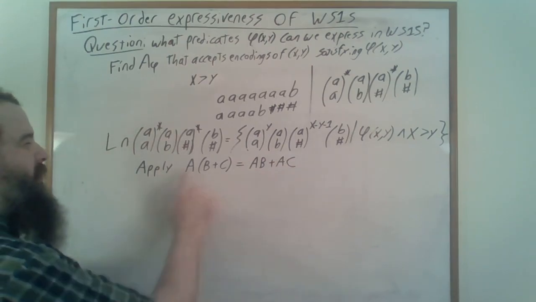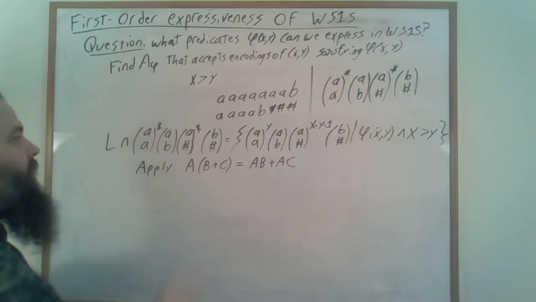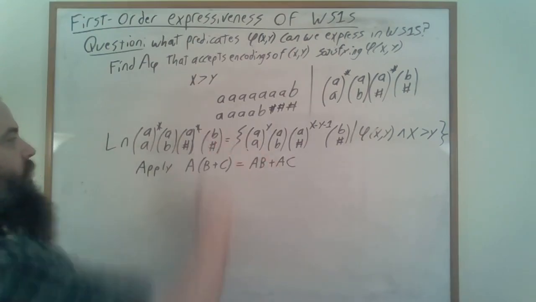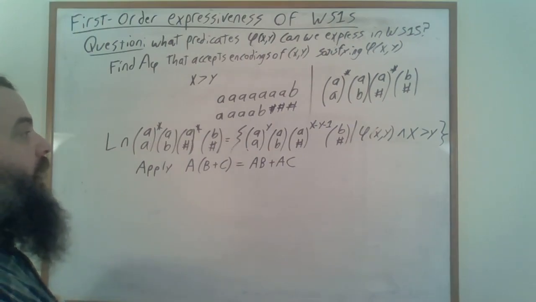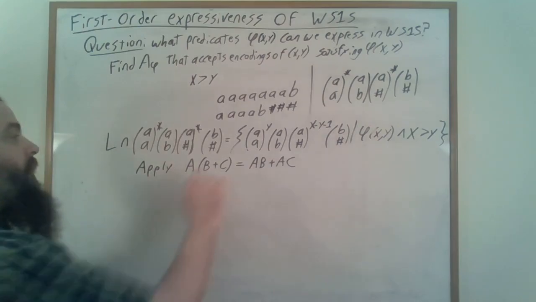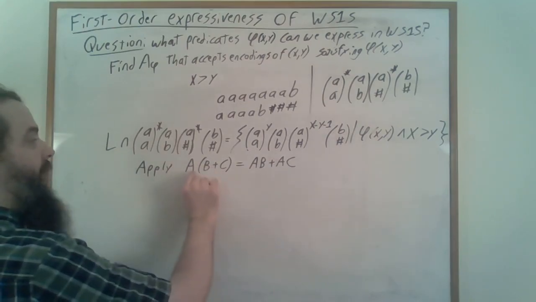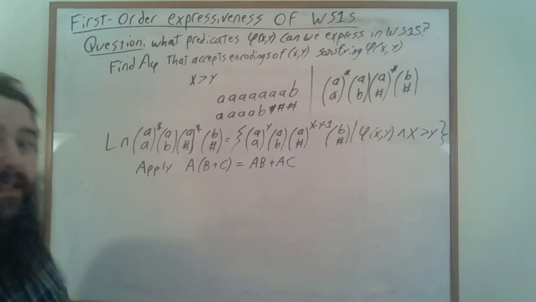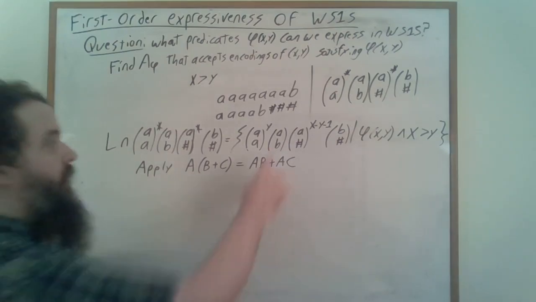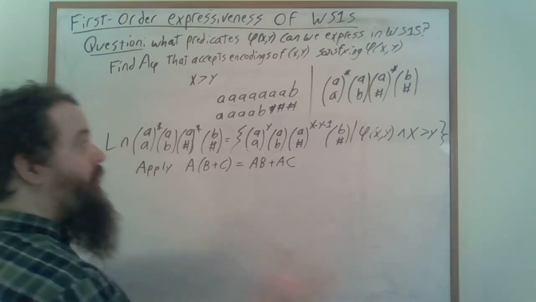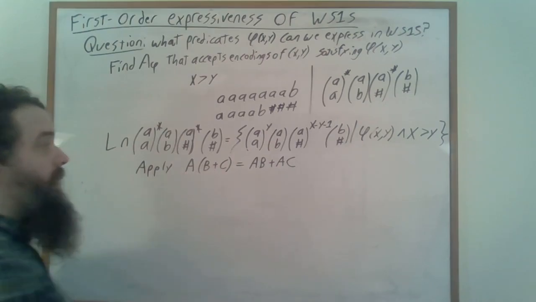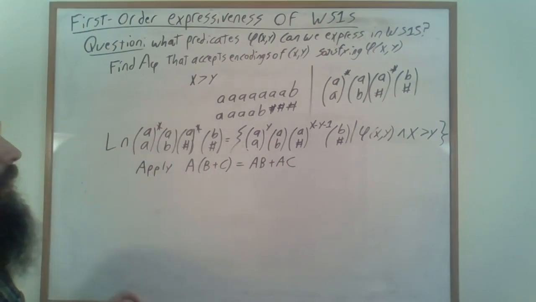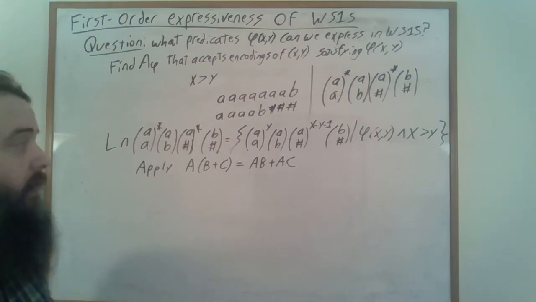It's slightly nicer because this looks like distributivity. If you apply this and you apply right distributivity, you can wind up getting a regular expression that doesn't have any unions directly inside concatenations. And so if we take these two conditions, these two characters can't appear inside any Kleene stars, and there are no unions directly inside concatenations, there's really only a few possibilities for what the regular expression can look like.